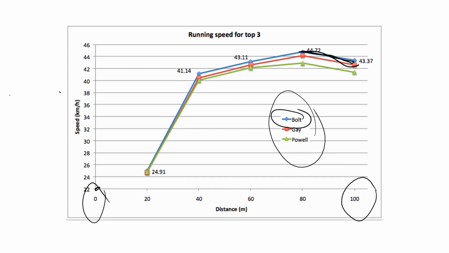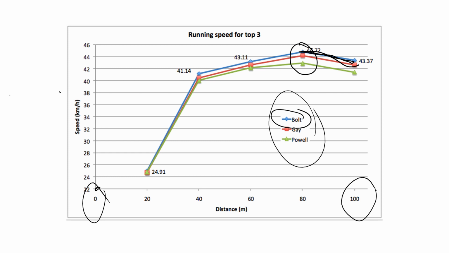That is the logical explanation here. It's the only explanation that makes sense. There's some fatigue that begins to set in at the end of a 100-meter dash, and it happens to everybody. But when does the fatigue set in? And we can look at this and tell that in all of them, it happens somewhere around 80 meters.